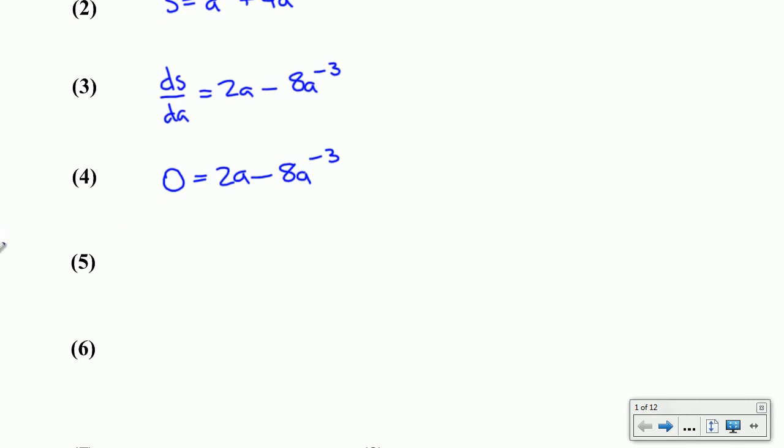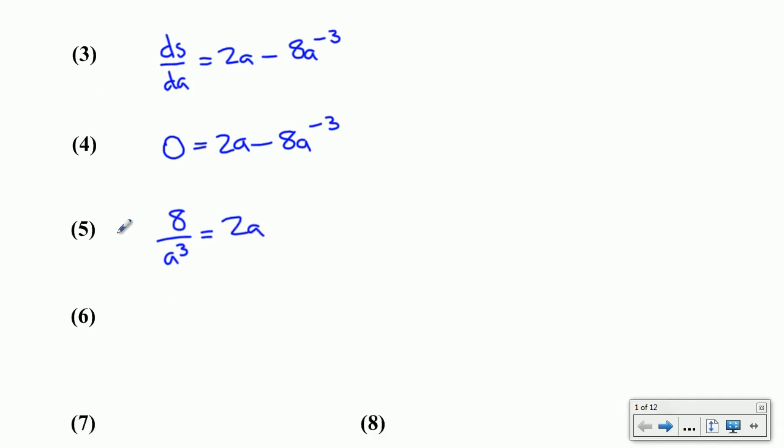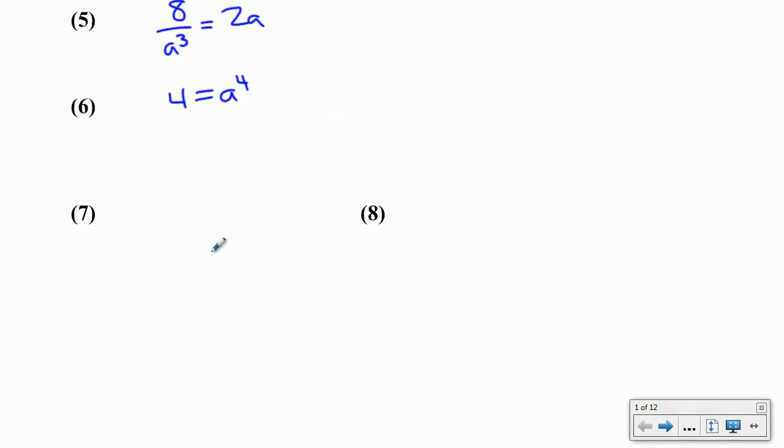Next, I'm going to see if I can isolate for a. So I'm going to bring the 8a to this side. So I'll write it like this, equals 2a. A little bit closer now, so now I'm going to multiply both sides by a cubed and divide both sides by 2. So I'm going to go 4 equals a to the 4th, and finally I get a is the 4th root of 4.